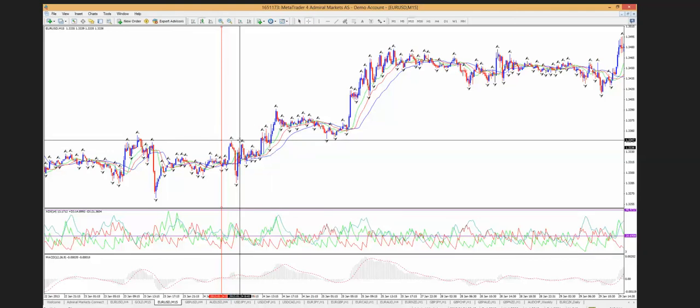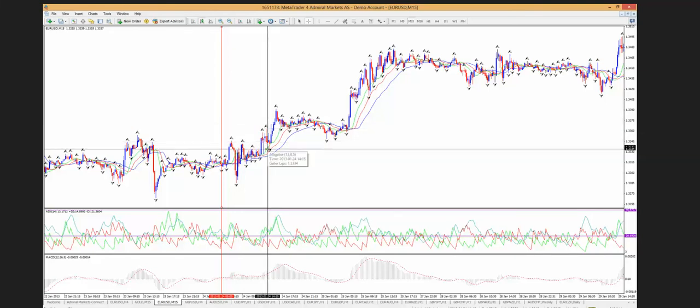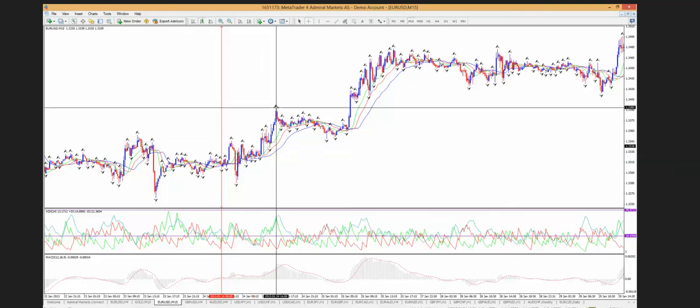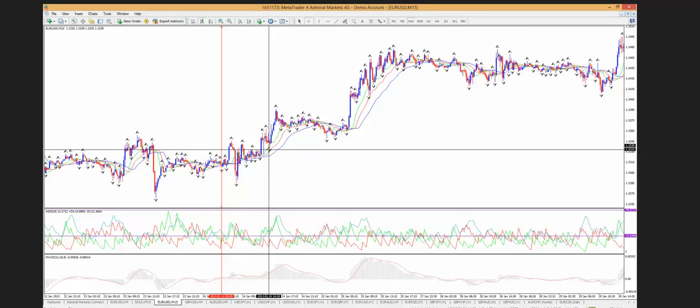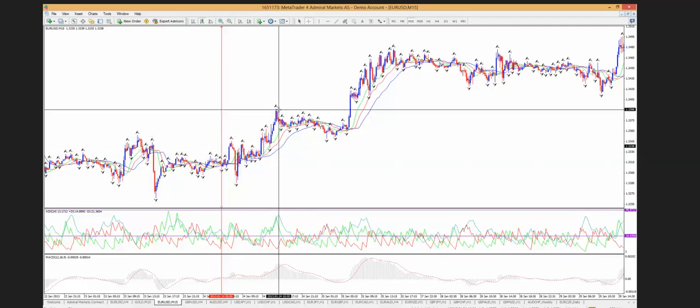That's quite common for the first initial burst to move something like a 1.5, a bit between 1 and 1.5 reward to risk ratio, maybe something like a 30 pip move at first, and then you get some retracement and then a continuation. That's quite typical, so don't worry about that. The chance that it continues is quite high, and then you can see we get another move.